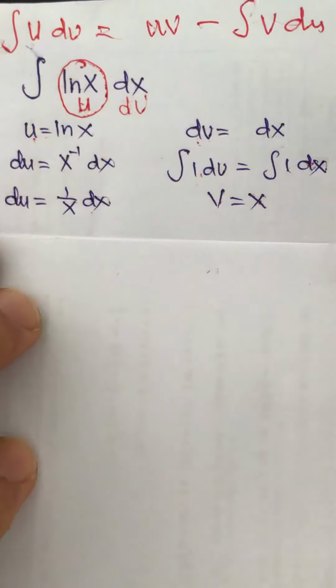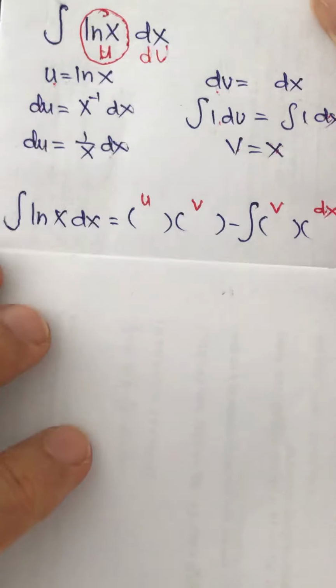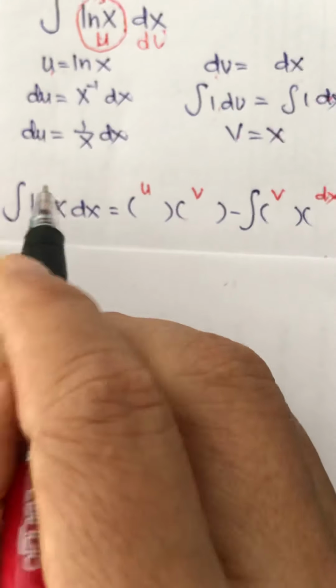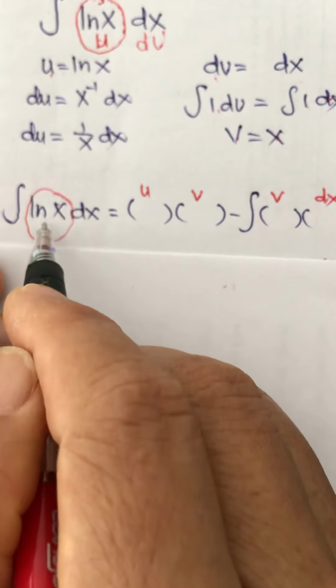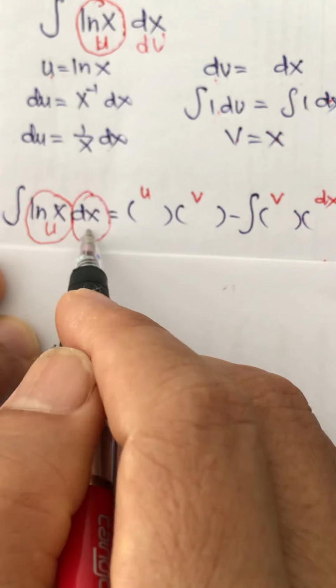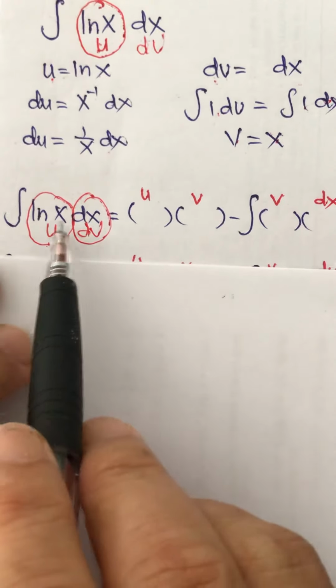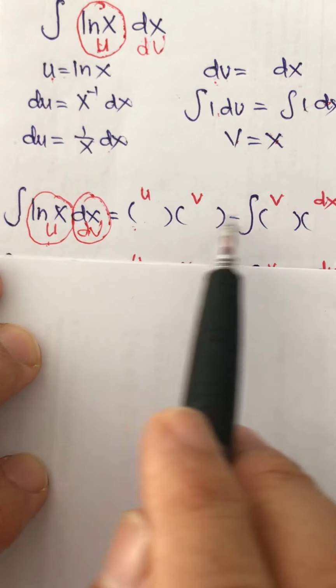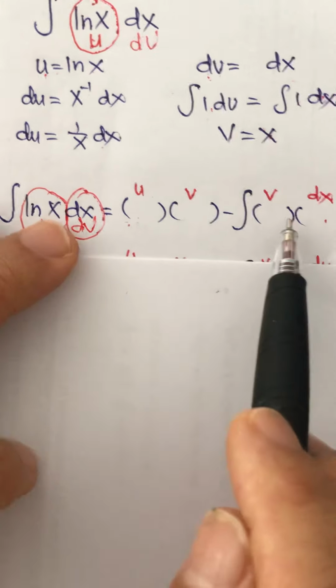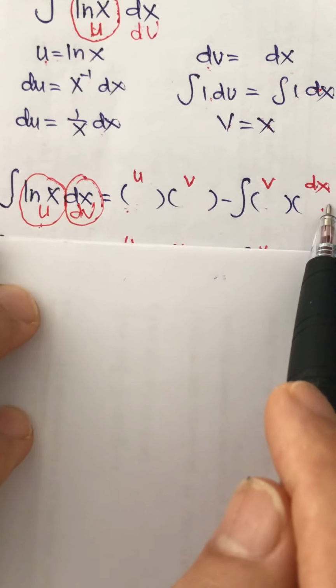So you see, this is u, then this will be the dv. Always we look for the u first. So you write down the formula with the brackets, uv minus the integral of v du. Remember that?